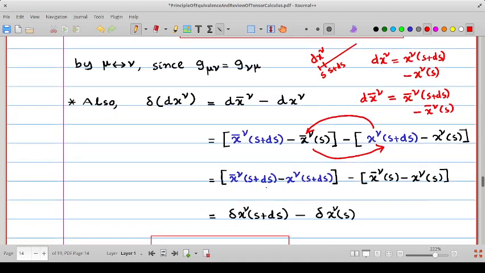But this is nothing but the difference in the coordinates at interval value s plus ds, which is nothing but delta x nu at s plus ds. Now this is the difference in the coordinates between the two sets of coordinates at the interval value s, which is nothing but delta of x nu at s.